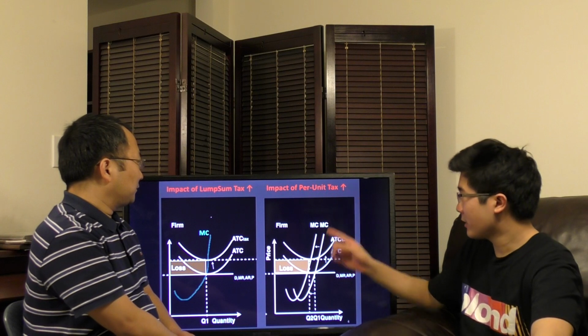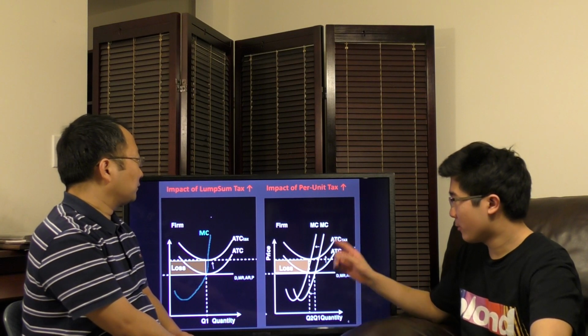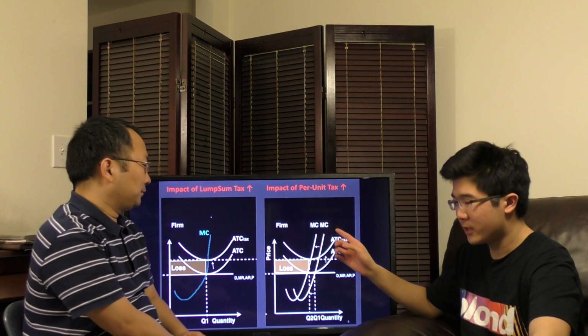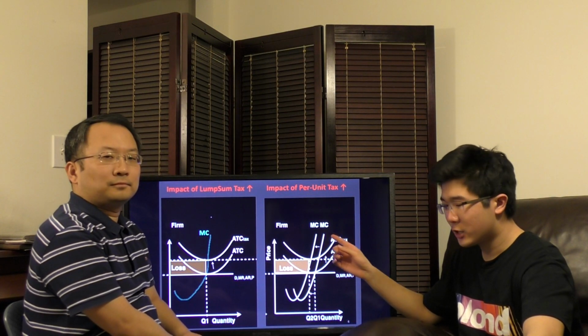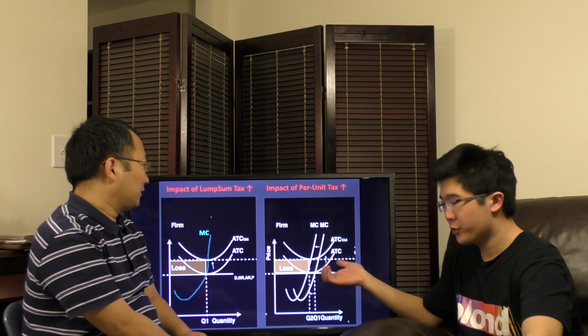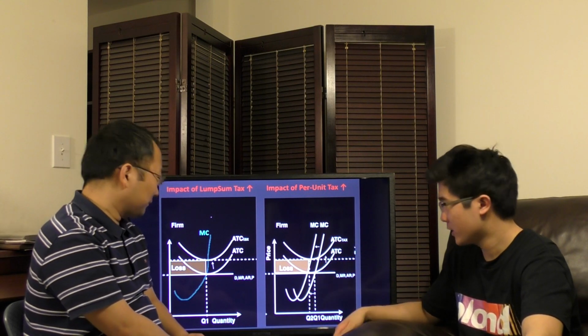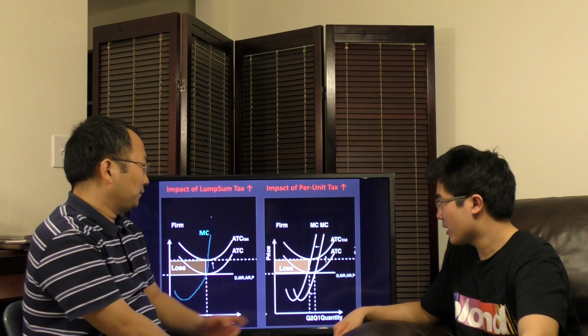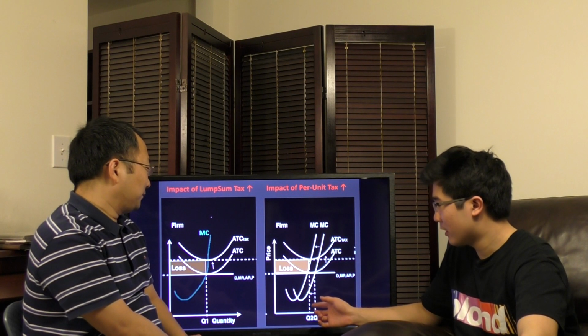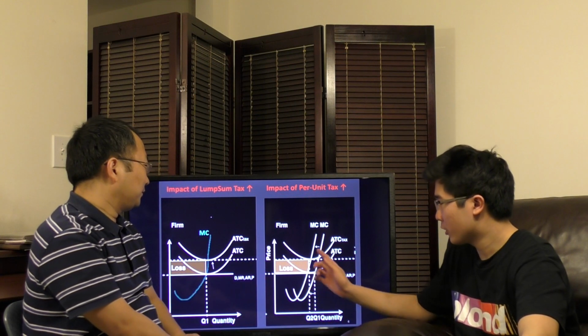However, if we have a per unit tax, since the marginal cost also involves per unit cost, the marginal cost increases as well. It shifts, and the average total cost also shifts, so we have a compounded effect of loss because we produce at a lower quantity and we have a loss for producing.